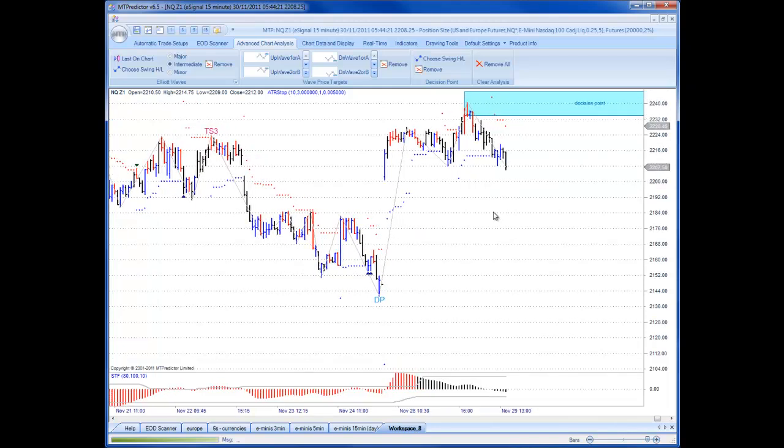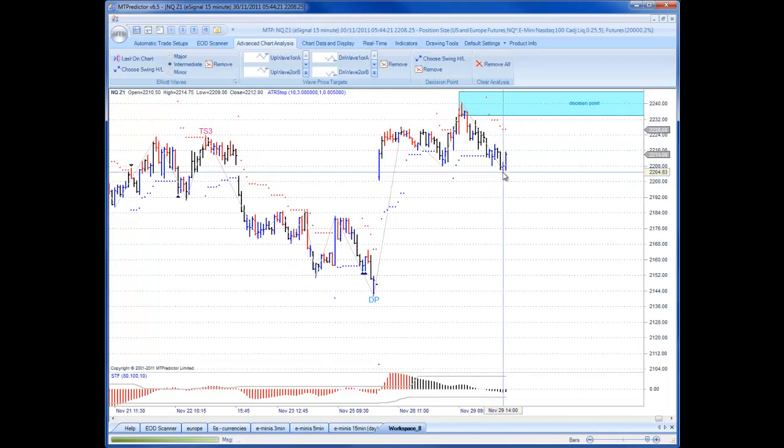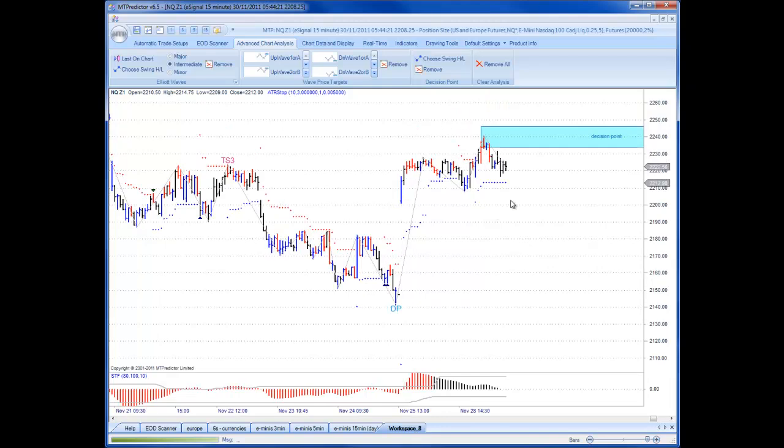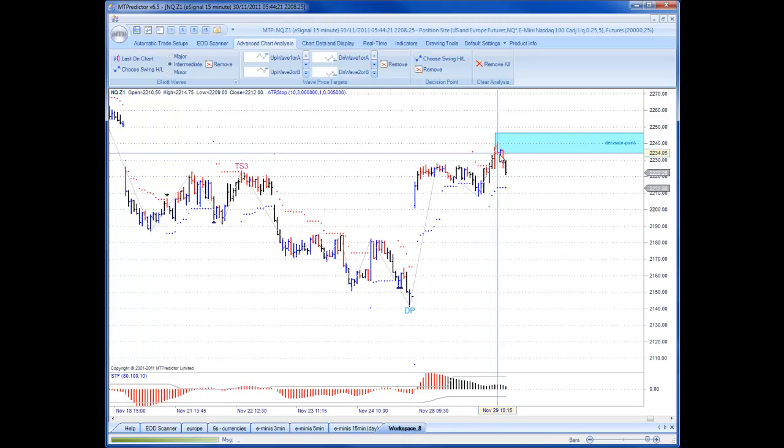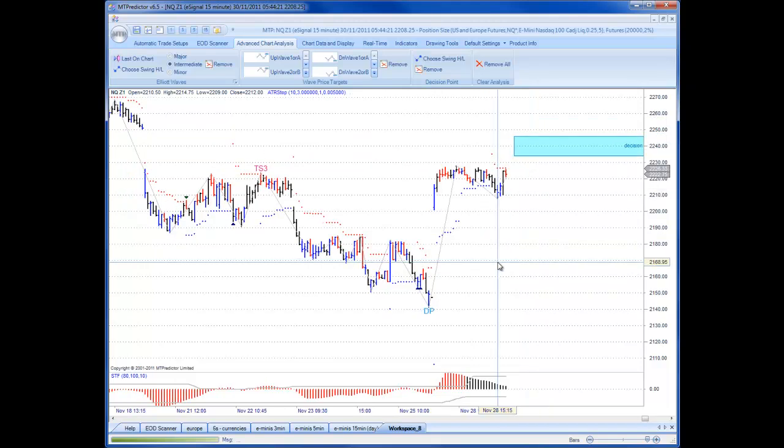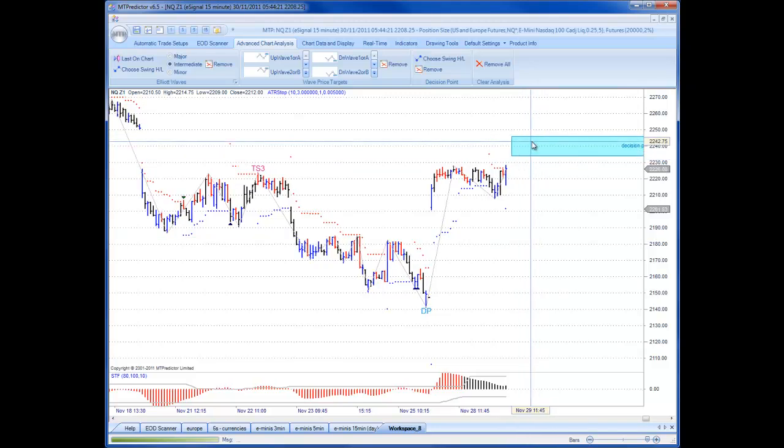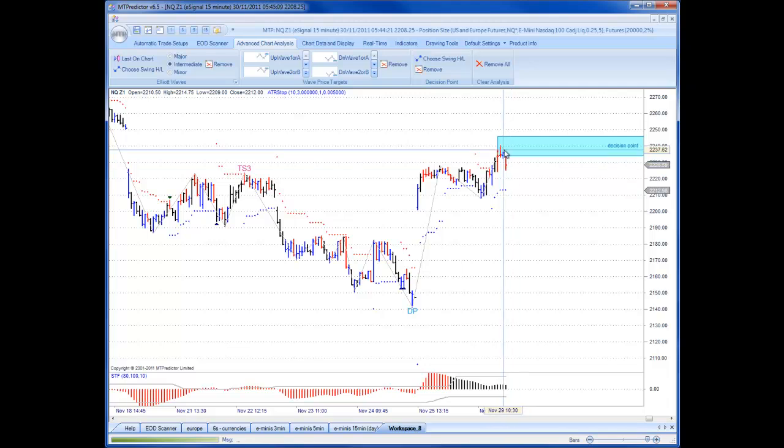Here we'll see that the market was declining down till about 11 o'clock. But the point being is that this 15-minute decision point was on the chart before. That's the important part, it's on the chart before the market got there. So you knew that was a larger degree resistance area. Then at this point in time we were coming off a 15-minute resistance area.